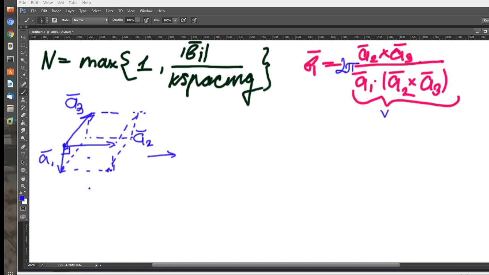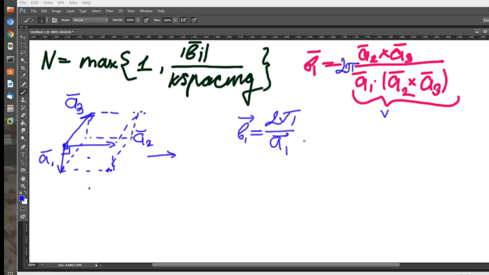So let's take that into account, and roughly we have something like 2 pi divided by a1 b1. And you can see that there is a reverse dependence of those values.